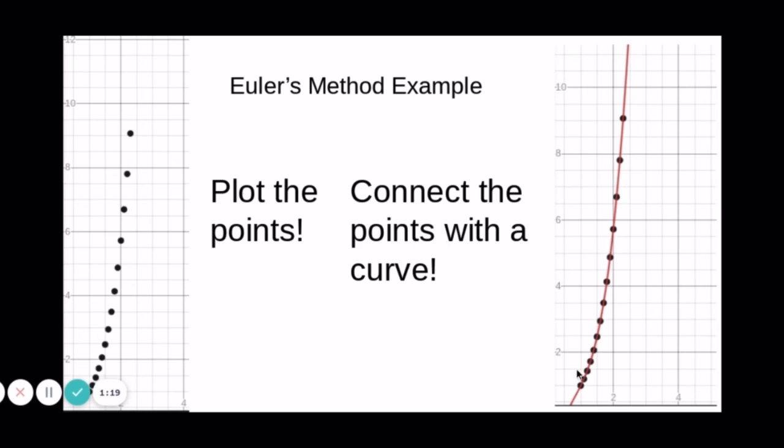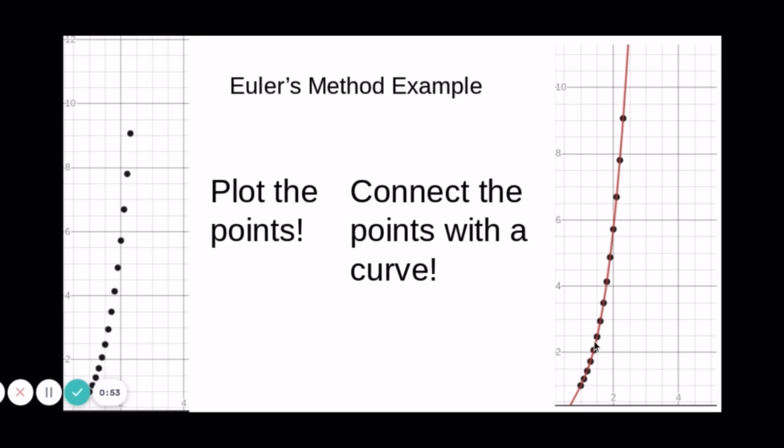So this curve is our particular solution to the differential equation y prime equals x squared plus y that goes through the point 1, 1. Because y prime equals x squared plus y is a differential equation, the graph of the general solution would be an infinite amount of curves.